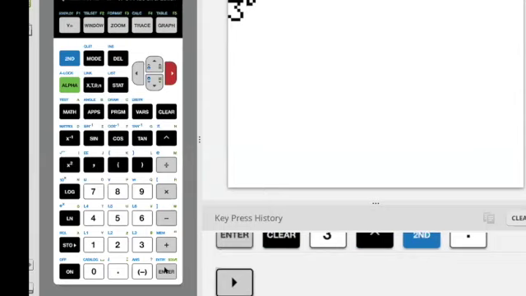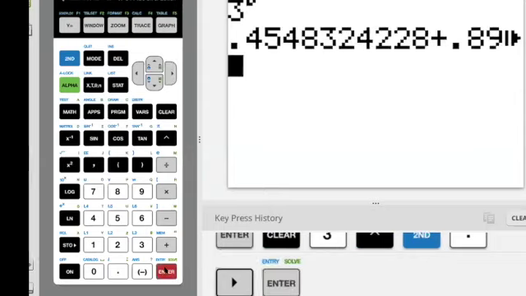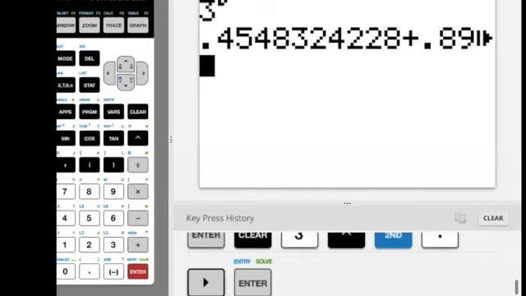Maybe it depends on who you are, or if you have the magic touch. Okay, so mine did not give an error. It gave about 0.45 plus 0.9i.